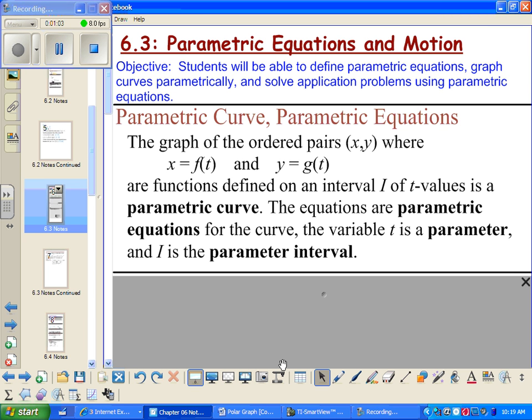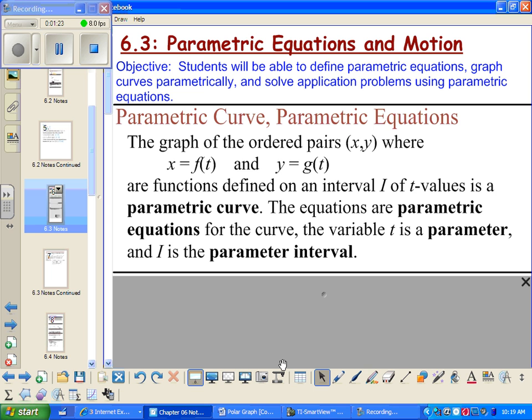when we graph x and y, each one of those is some function of t, where the interval I of t values is just saying I'm going to plug this range of t values into each of the x and y functions to get my coordinate points.